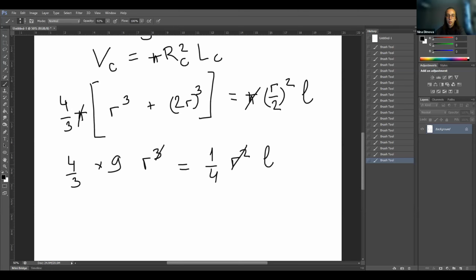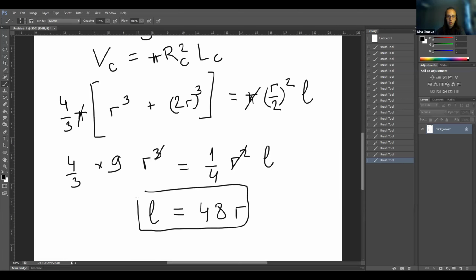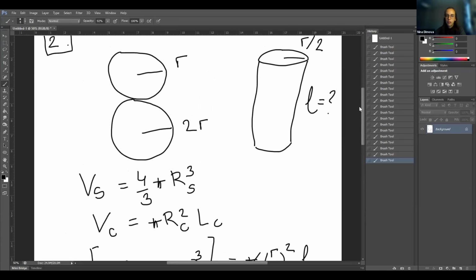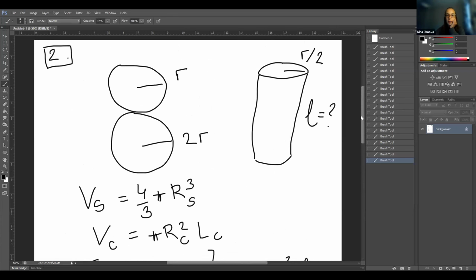So you will get an expression for L in terms of r. And this is fine because you're just given it as a parameter. You don't get a length for it, but it's given in the problem statement, so you can leave it in the answer without any problem. And it turns out that this is 48 times r is the answer. So this is pretty straightforward, but it's mainly to visualize what's happening, and also remember these are spheres and not circles. So remember that it's physics.